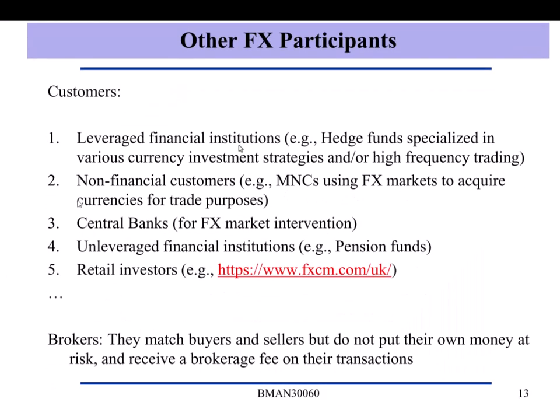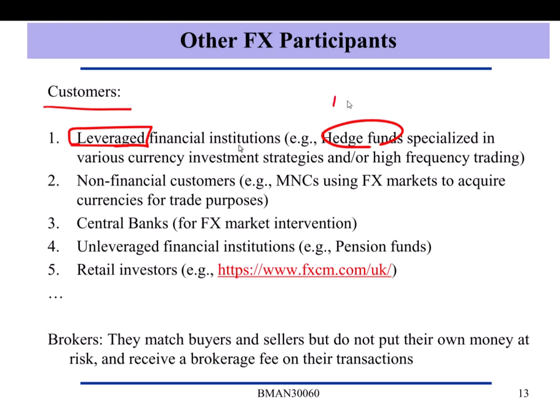There are other important participants in the FX market. So customers. The first customer we can talk about is the leveraged financial institutions. So for example, hedge funds specialized in various currency investment strategies or high frequency trading. So here leveraged means their debt ratio is like 1000%.